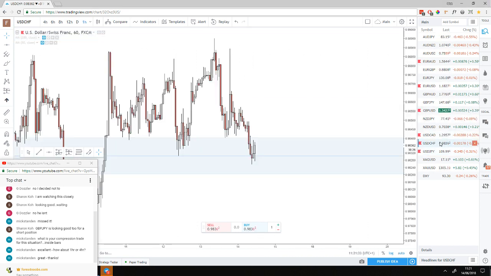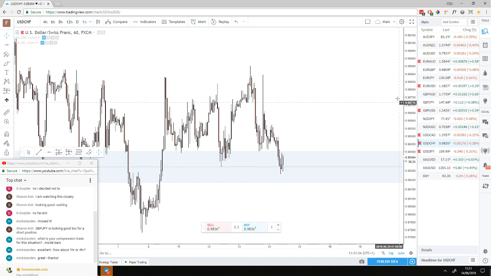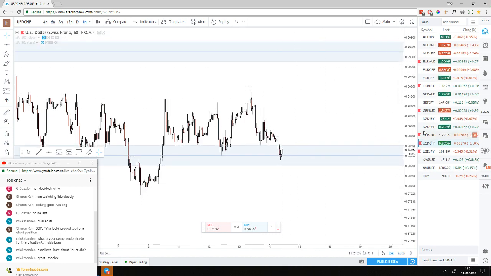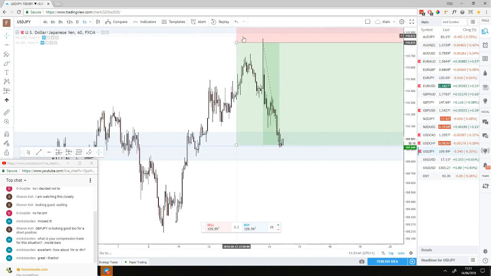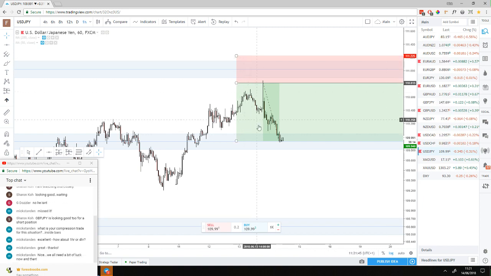So yeah, I missed out on USD CHF because my entry was too high. Missed out on USD CAD because my entry was too high. But I kind of got lucky with USD JPY because my entry was just right, and because it spiked up enough to hit that entry. So yeah, I guess I'm happy with that. Well, I am happy with that.